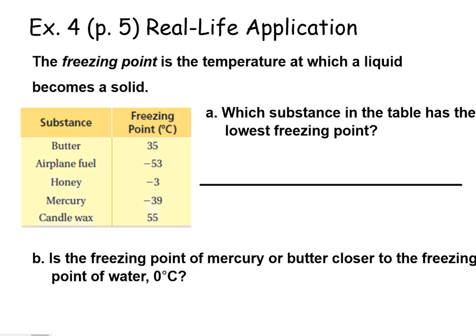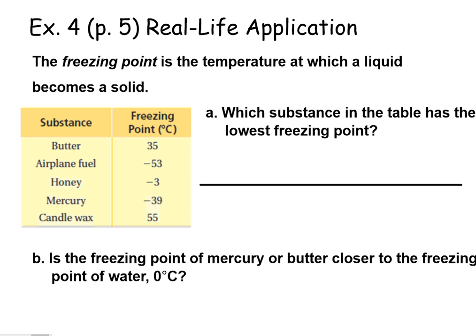Airplane fuel freezes at -53 degrees Celsius. Honey will freeze at -3 degrees Celsius. Mercury freezes at -39 degrees Celsius, and candle wax will freeze at 55 degrees Celsius. It says, which substance in the table has the lowest freezing point?